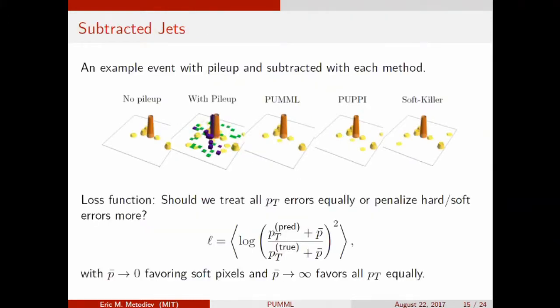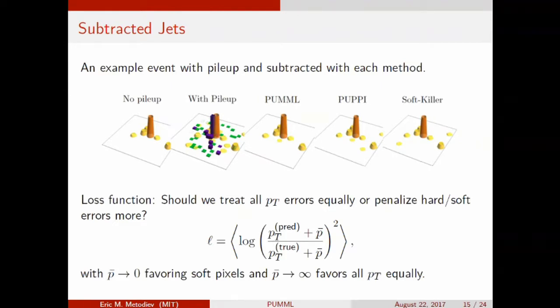So with that, the last element to be able to do the regression is to say what you mean by predicting the output. And for that, you need a loss function. So the question is, do you penalize every pT of error the same? Do you want to penalize errors on soft pixels more or hard pixels more? And we found that it doesn't really depend that strongly.